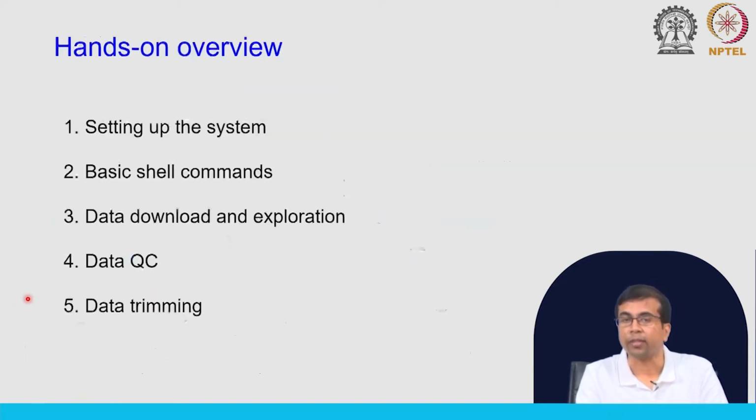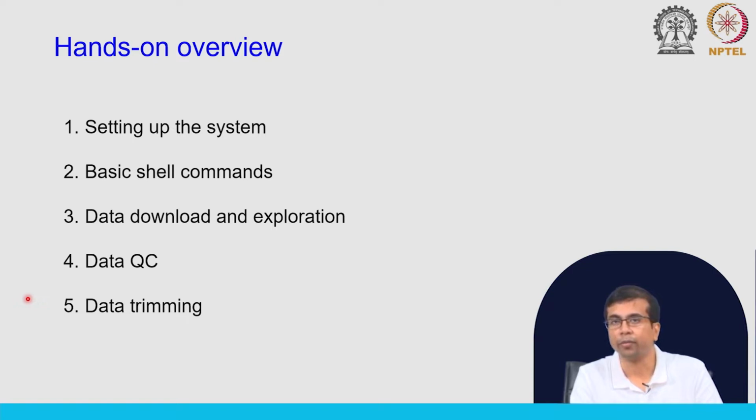This is the overview of the hands-on that we will learn in this class and the subsequent classes. We will first set up the system where we will do this kind of analysis, and then we will talk about the basic shell commands that are very useful and will be used in everyday analysis. Then we have the third part, which is data download and exploration.